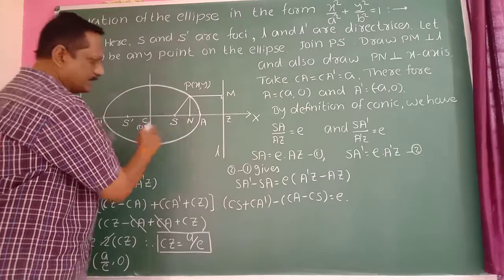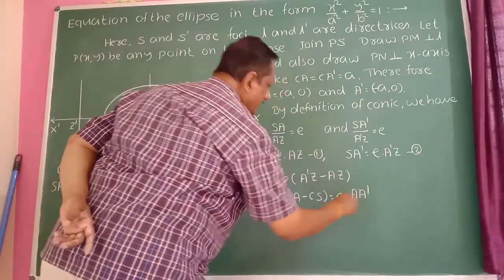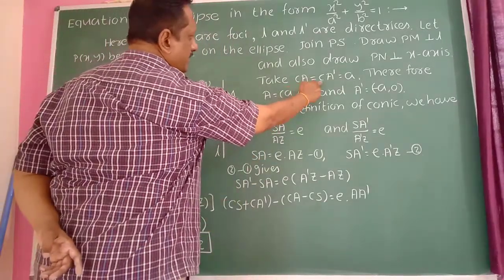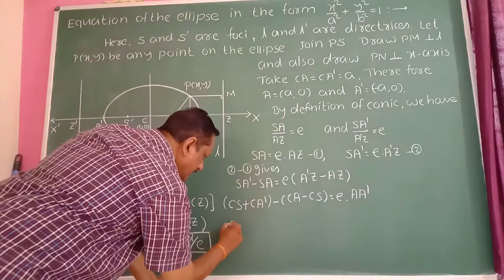Again CA dash and CA are both equal, so instead of CA dash I will write CA.